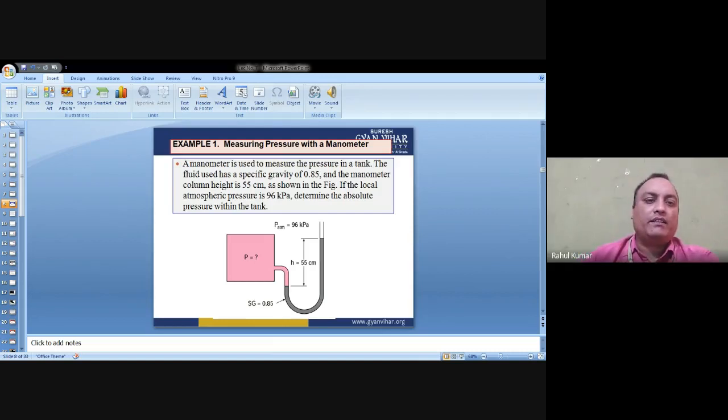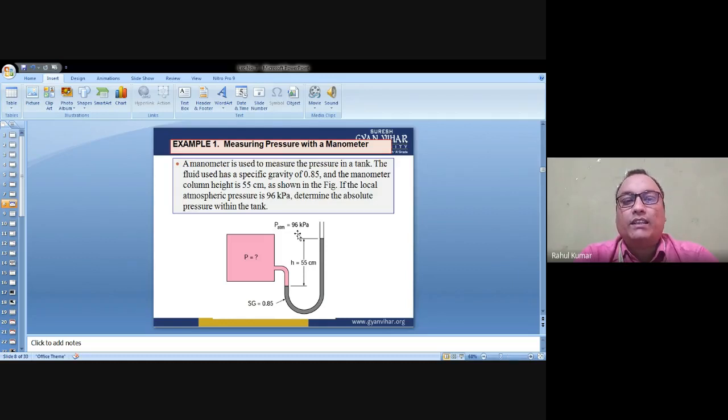Then find this pressure P. How much pressure? This is P, and the atmospheric pressure at this condition is P atmosphere equal to 96 kilopascal, and the h equal to 55 centimeter. The difference in two levels of the liquid is here.